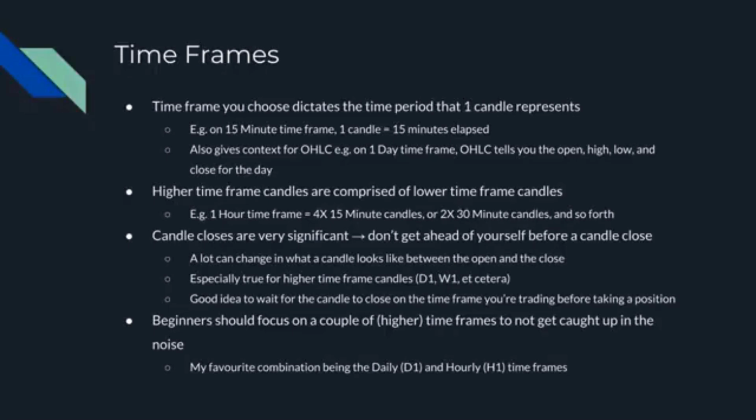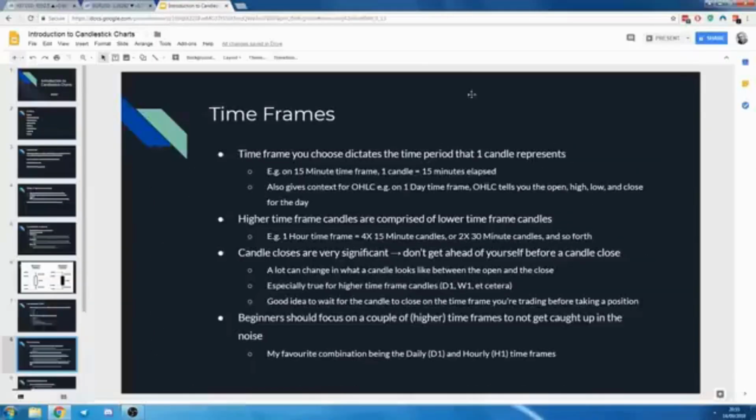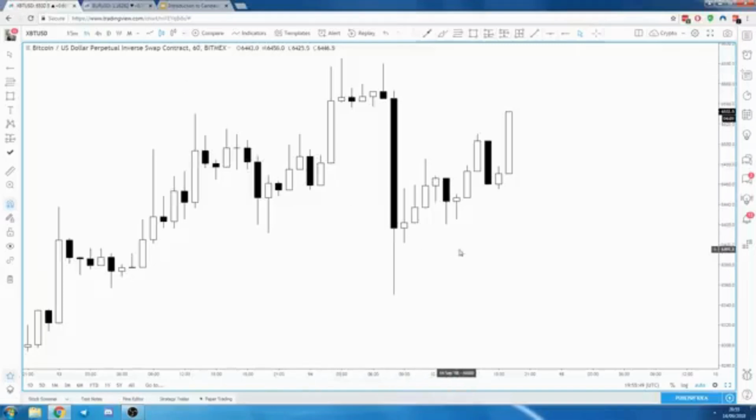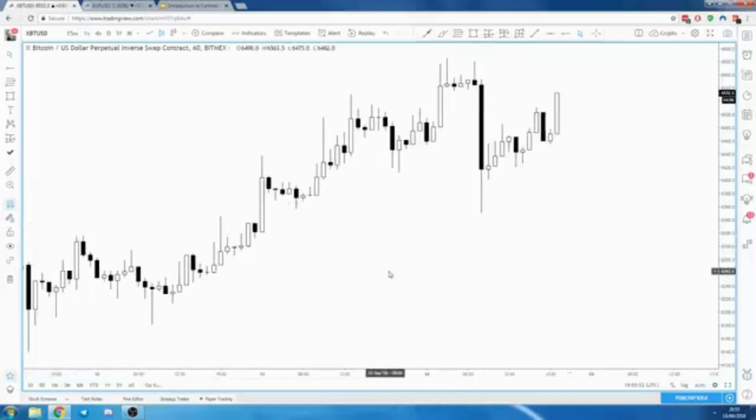So generally, it's a good idea to wait for the candle to close on the time frame you're trading before taking a position, or at least before making any conclusions. So for example, I don't want to make anything too technical.